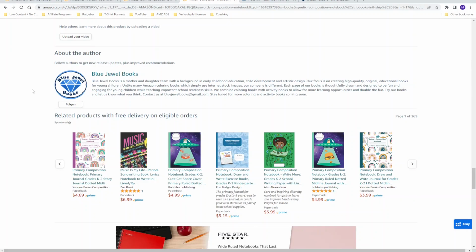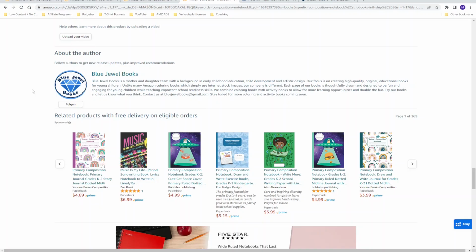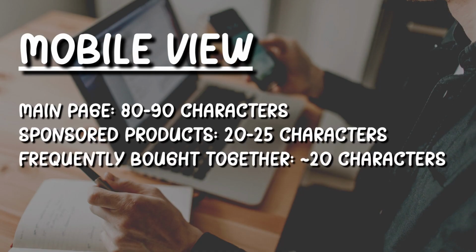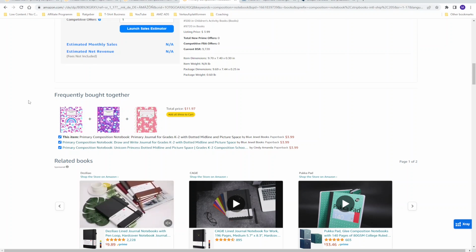If we have a closer look on the related products on the mobile view, the maximum length of the title should be round about 20 characters, because after 22 characters, the title cuts off again. At the frequently bought together page on a mobile view, the maximum length should be round about 25 characters, because after 25 characters, the title cuts off.